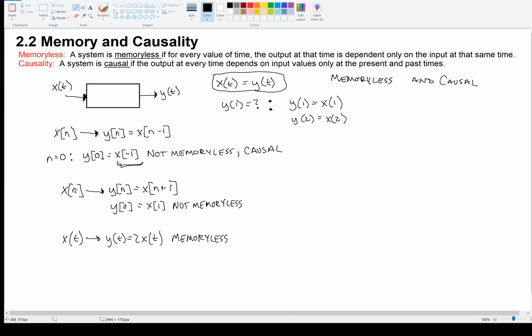And the third example we looked at was an advancement of 1 unit. Is this causal? y of 0 depends on x of 1. So no, this is not causal, because the output depends on the future values of the input. So we would say not causal.